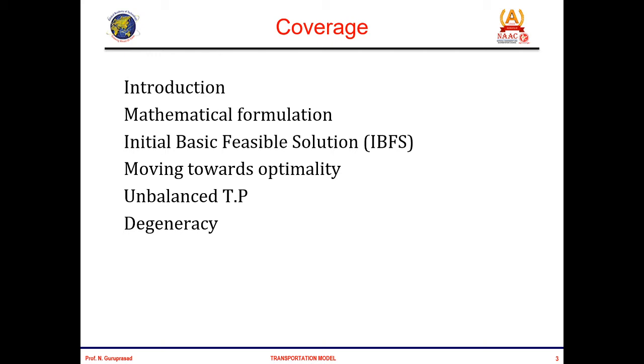Without IBFS, you cannot go to the next step, what is called as moving towards optimality. And then we will see how unbalanced transportation problem works and degeneracy, that is degenerate transportation problems, when degeneracy occurs in case of transportation problems.